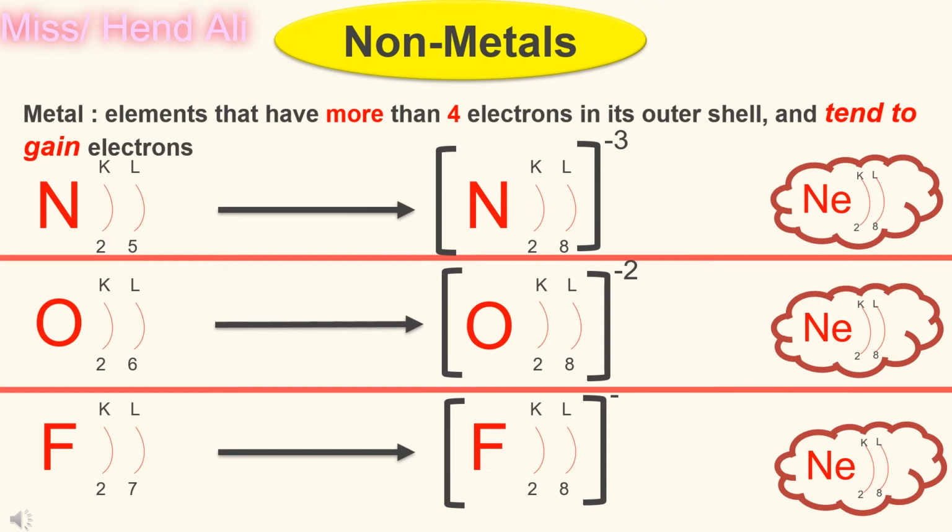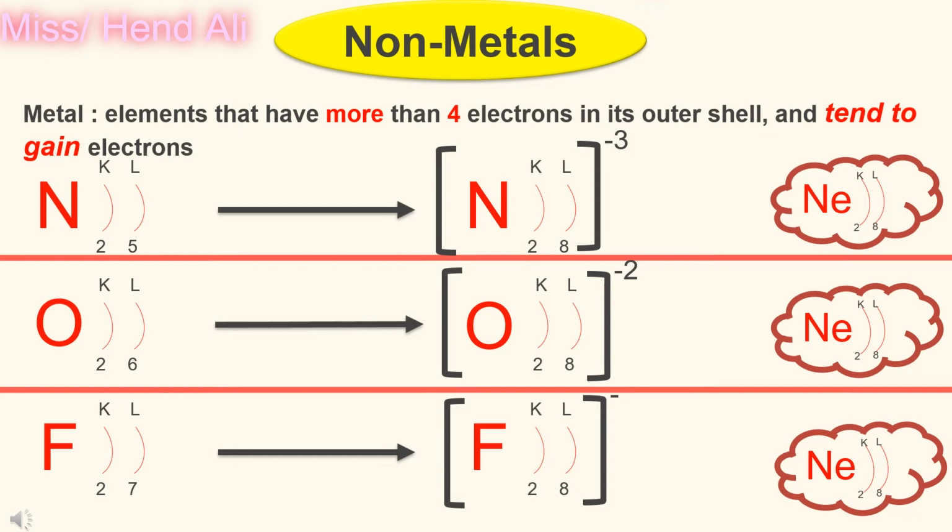Another example, oxygen. Oxygen has 6 electrons in its outer shell. So during the chemical reaction, it will gain 2 electrons and change into a negative ion with 2 negative charges, equal to the number of gained electrons. You may notice that the oxygen ion looks like the neon atom.